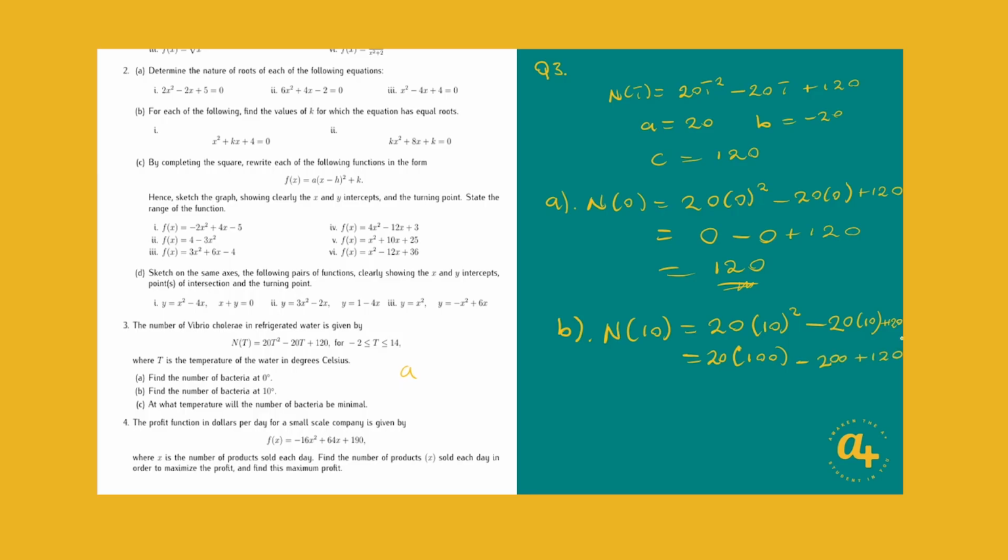So we have 20 times 100, which is 2000, minus 200 plus 120. The final answer is 1920. So when the temperature is 10 degrees Celsius, the number of bacteria that we're going to have is 1920. This is what this means.